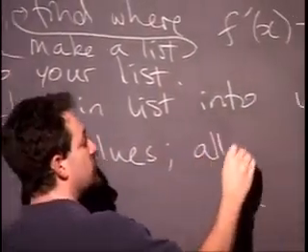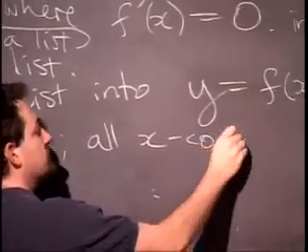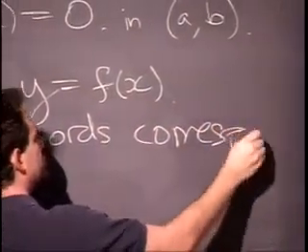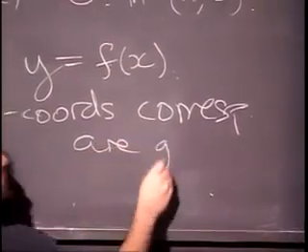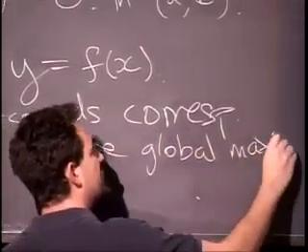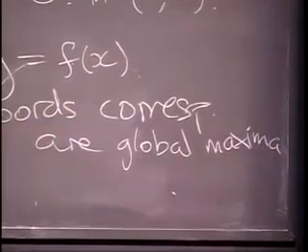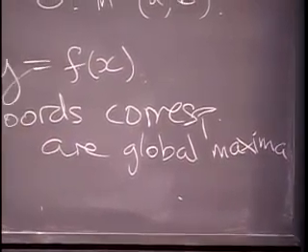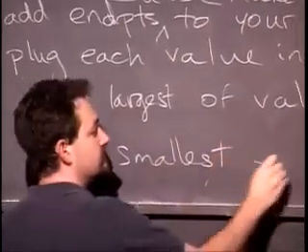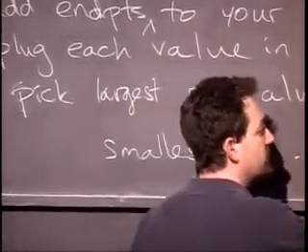All the x coordinates that produce it are global maxima. Remember, there might be more than one that produce the same height. And similarly, pick the smallest of the values, and this will give you the global min.